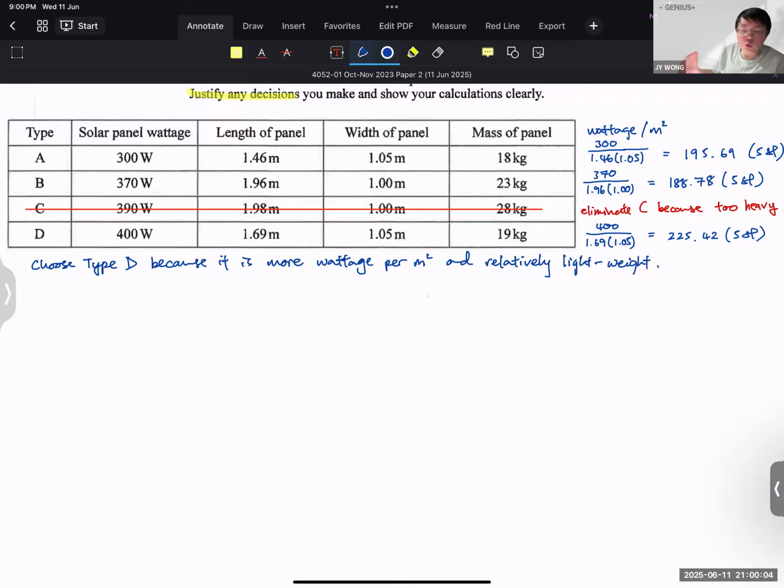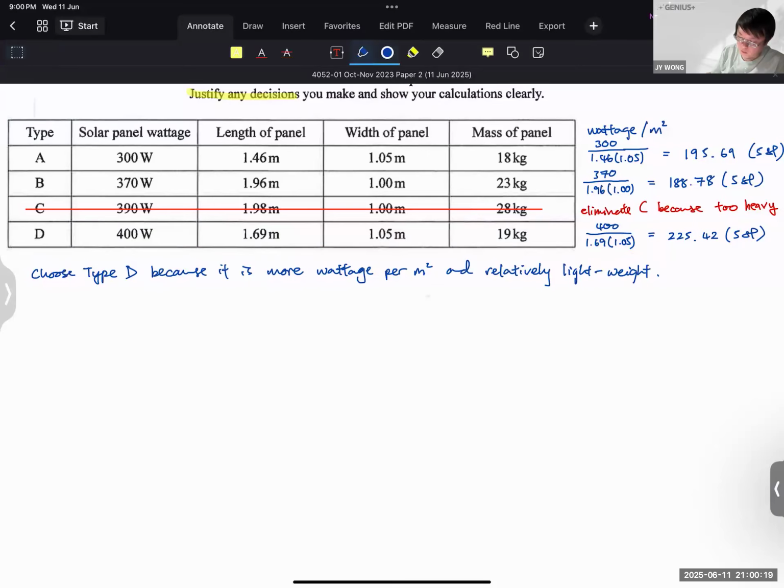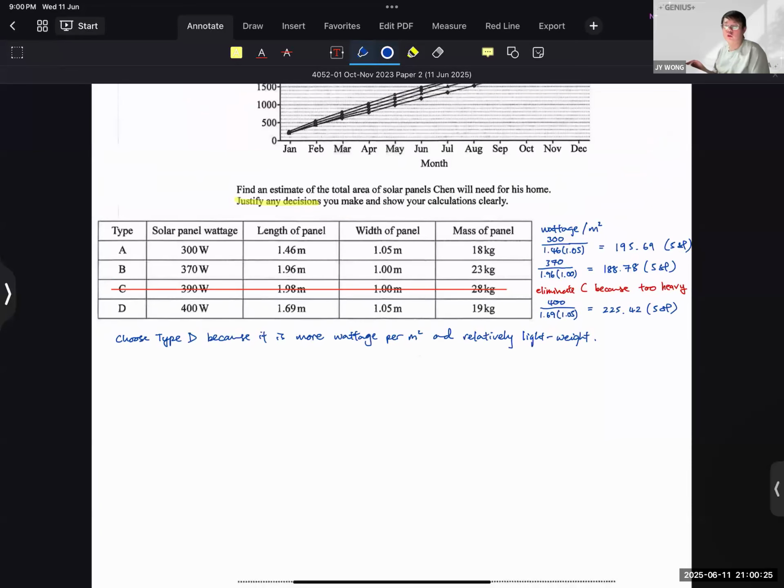Why must it be lightweight? You are installing on your freaking roof. You really don't want a case where your roof collapses. So this is the logical thing. So now I have chosen my type. I can now actually go and calculate how much solar panels I need.